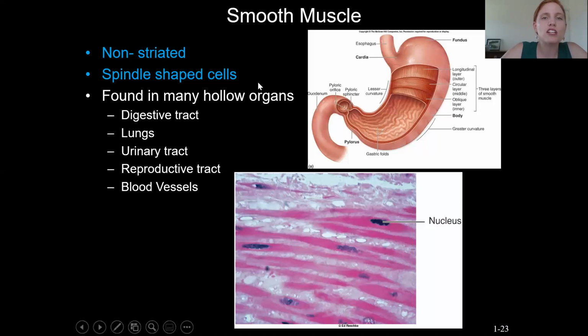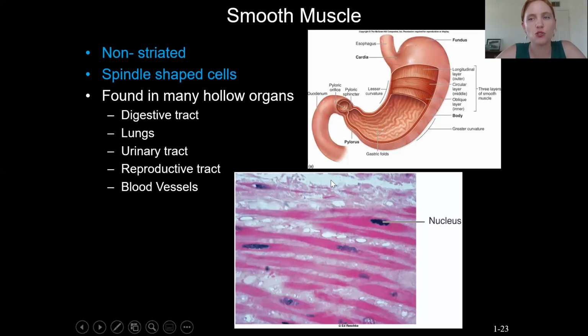Okay, so where is smooth muscle found? Smooth muscle is involved in moving stuff, fluids and things like that, around in the body, and it is located in the hollow organs. So things like your stomach here. The stomach actually has three different layers of smooth muscle, and its job is to move things through, but also to churn things around.